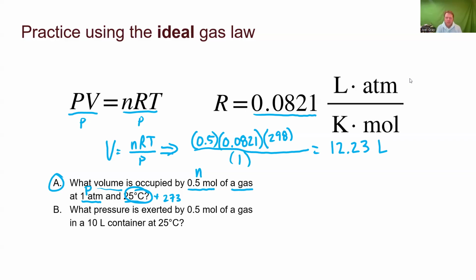Okay, let's deconstruct this. What volume is occupied by 0.5 moles of a gas at 1 atmosphere and 298 Kelvin? What if I doubled the amount of gas? If doubling the amount of gas is the only thing that changes, then this number is effectively going to double to 22.4.